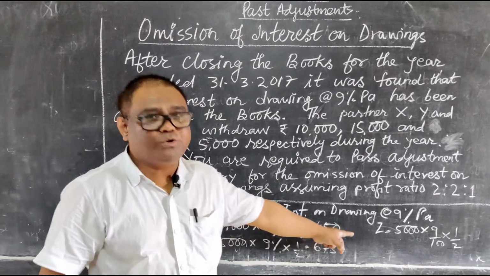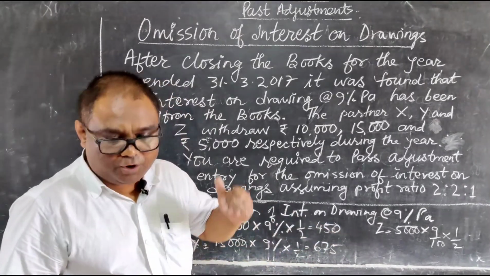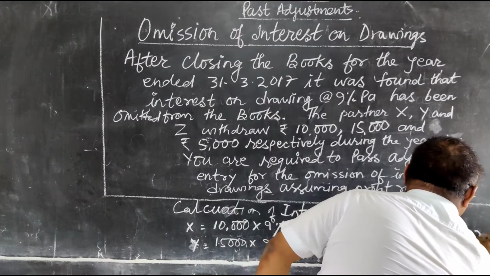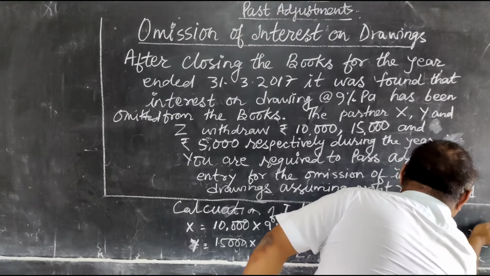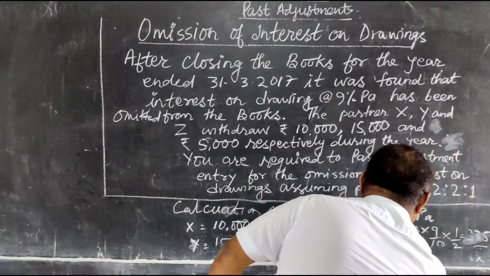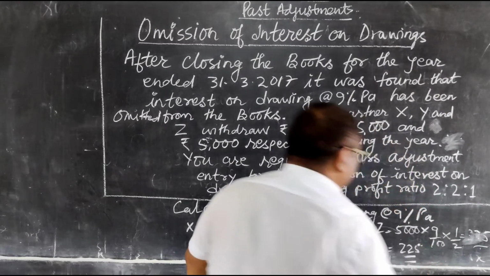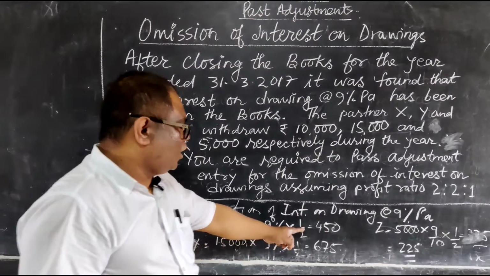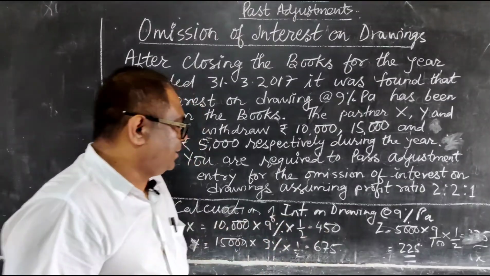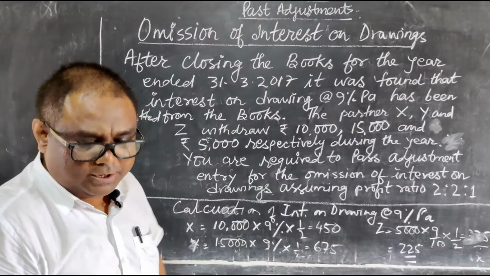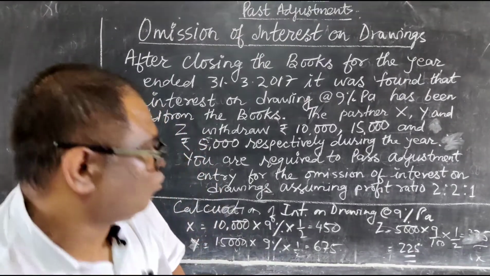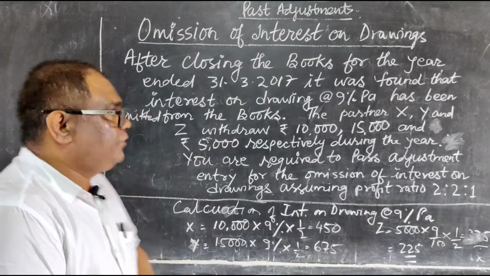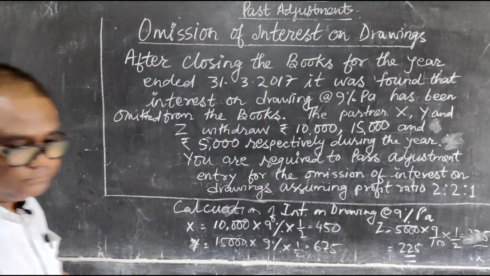Similarly, Z: 5,000 into 9% into half, we get 225, which is the interest on drawing of Z. So total interest on drawing, 450 of X, 675 of Y, and 225 of Z, is 1350.